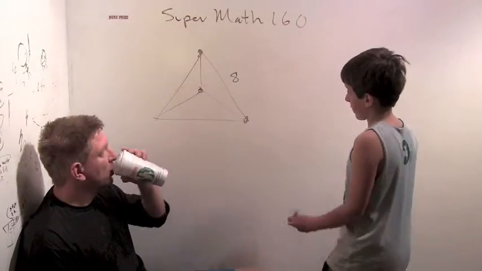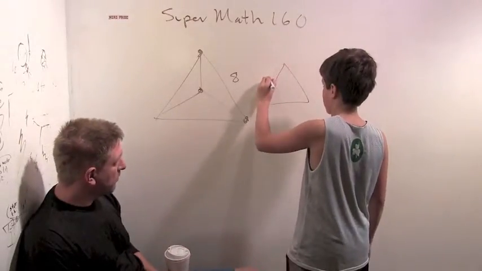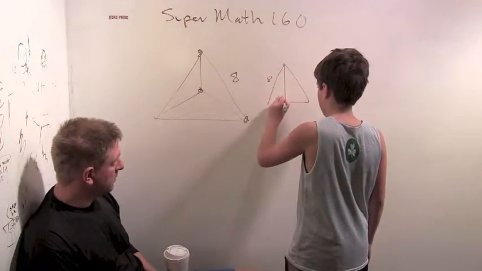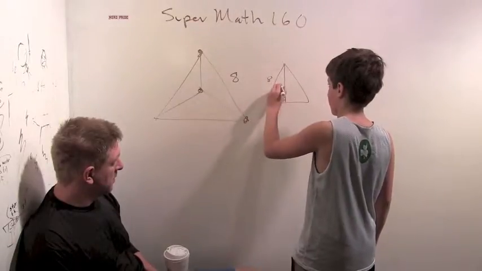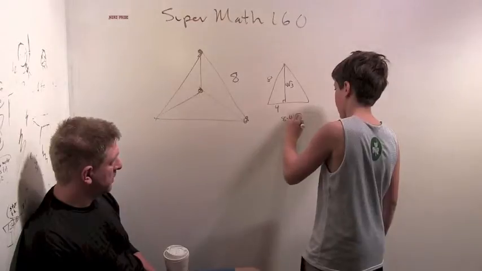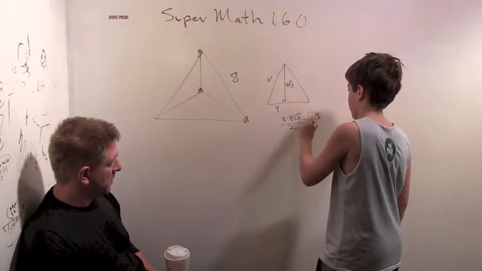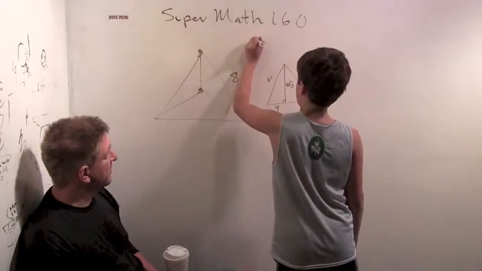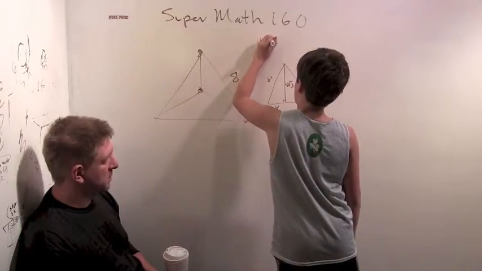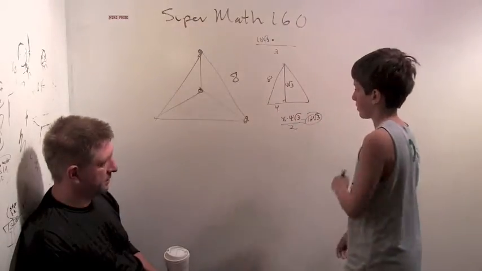Well, the area of the base, this is going to be the base. It's 8 times 4√3 over 2, 16√3. Okay, so the area of the base is 16√3, times something over 3.